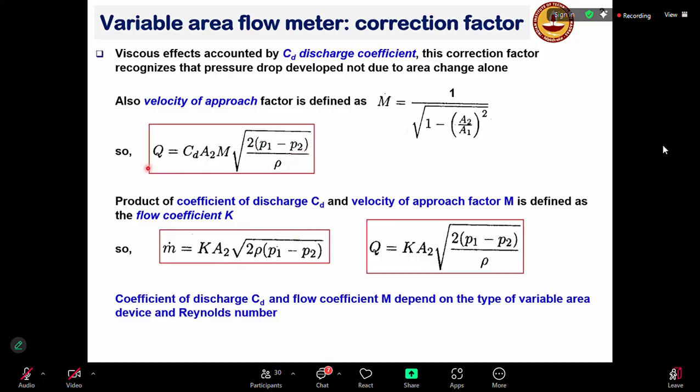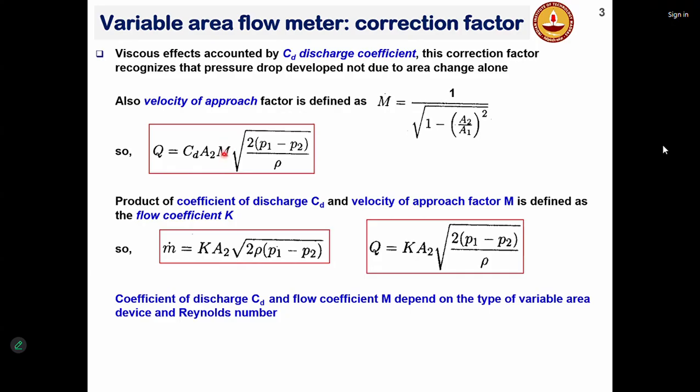Now, the product of the discharge coefficient, which takes care of the viscous effect, and the velocity of approach factor, which represents how much different the areas A1 and A2 are, is known as the flow coefficient K. So an alternate way of representing Q is CD into M, which you call K. So K into A2 into square root of 2 into P1 minus P2 over rho.